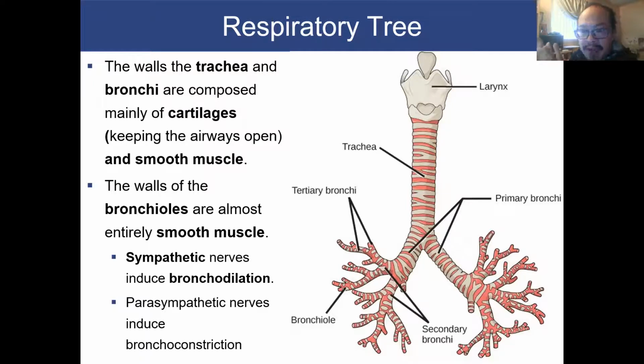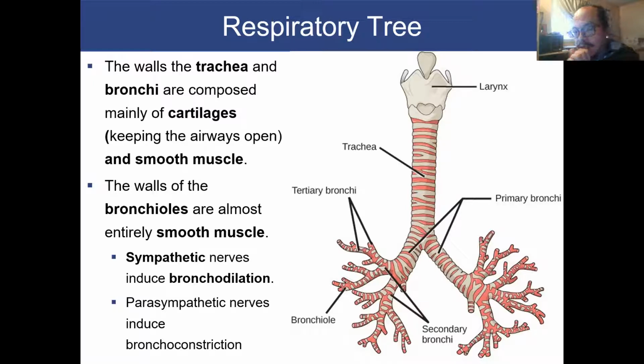Here in the lung, it is also controlled by the autonomic nervous system in the respiratory tract. So wherever you see smooth muscle, you directly think about the sympathetic and the parasympathetic, because the autonomic nervous system controls our smooth muscle contraction.